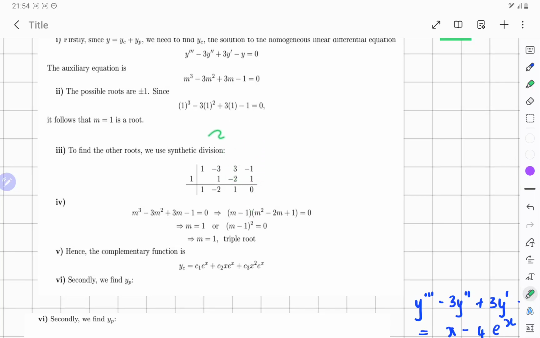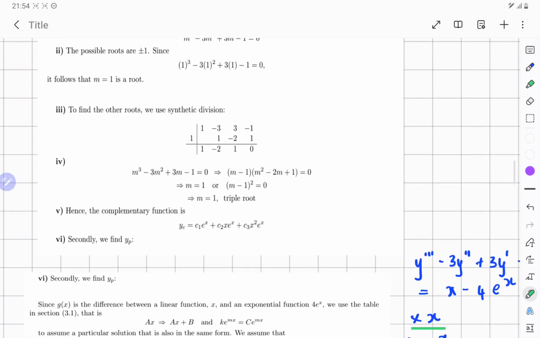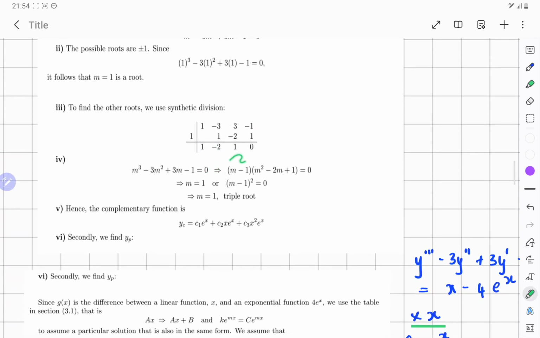From synthetic division, I'm not going to explain the method again. By now you should all be familiar with that. But I will get my factors. Since 1 was a root, m minus 1 is a factor. And from here, I know that I have m squared minus 2m plus 1 equal to 0.